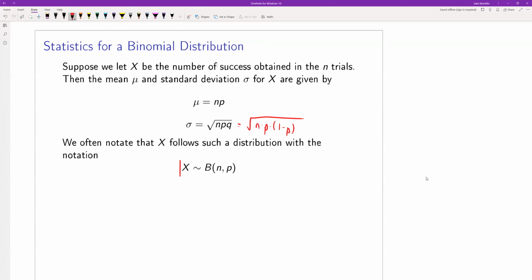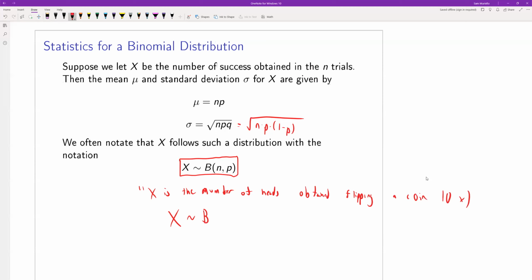We'll also use this notation here in order to symbolize binomial distributions more easily. For example, I might say that X, let's suppose it represents, X is the number of heads obtained flipping a coin 10 times.